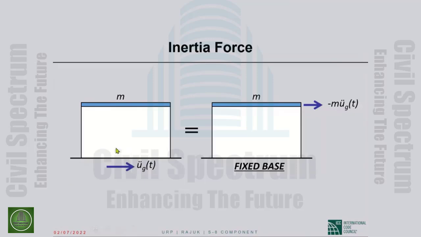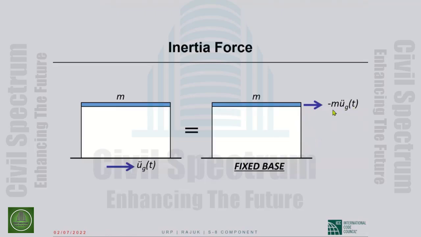So a structure with its base subject to ground acceleration is equivalent to a fixed base structure, the mass of which is acted upon by an inertia force equal to the mass times the acceleration, and the negative sign indicates that the direction of the inertia force is opposite to that of the earthquake ground motion.